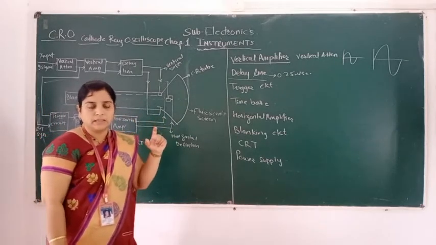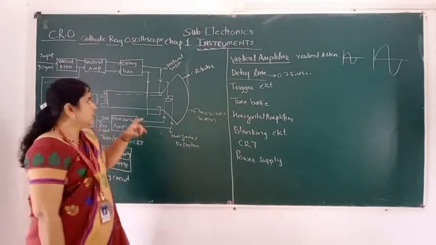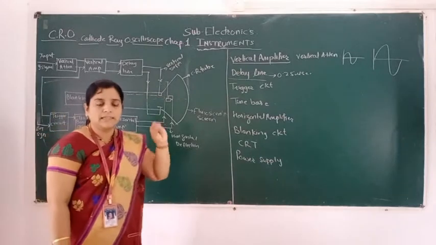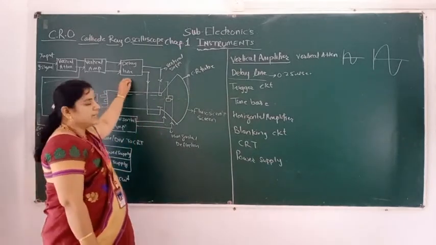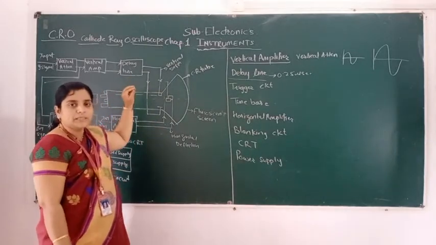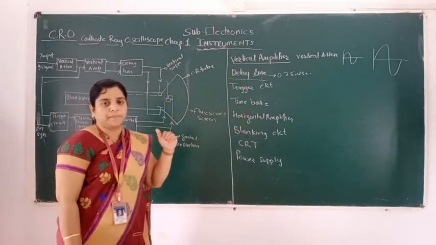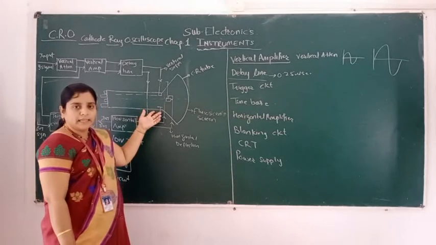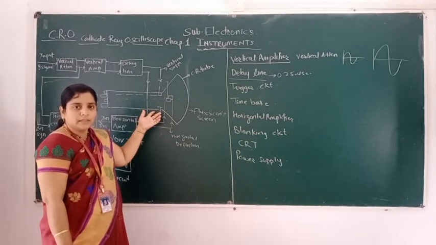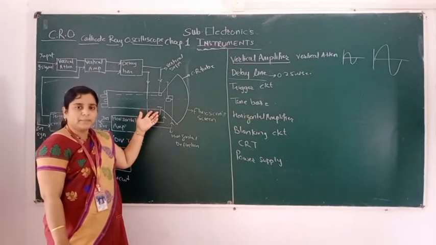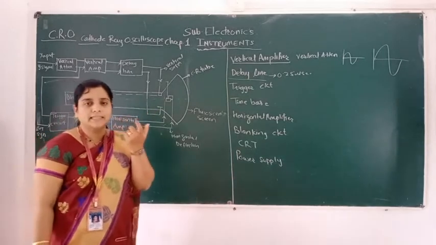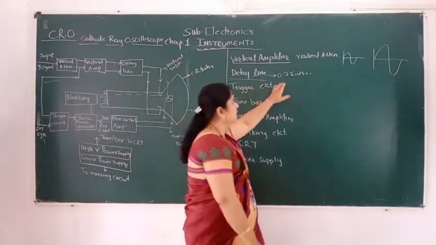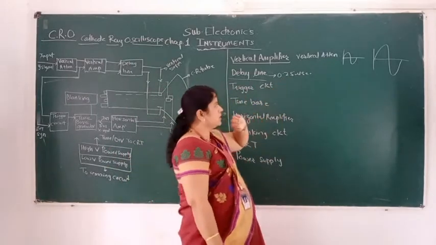It is amplified and given to the delay line, and that amplified signal is stored in the delay line. Delay means it requires some time to deliver the signal. Whatever input is given is not passed directly; in between, the delay line is there, and that delay is not too much, it is 0.25 microsecond.